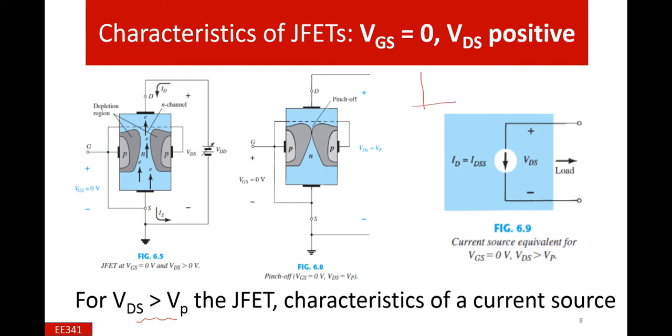This current is the IDSS. It is a saturation stage on the drain side. So the drain current is equal to IDSS at the saturation level.